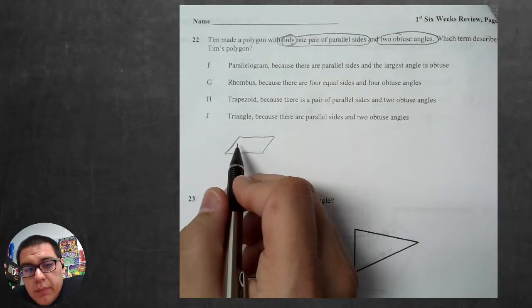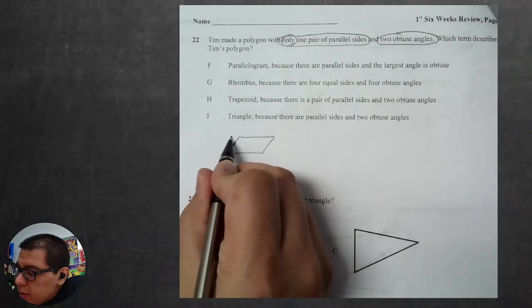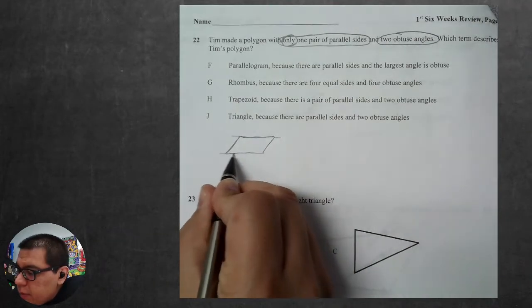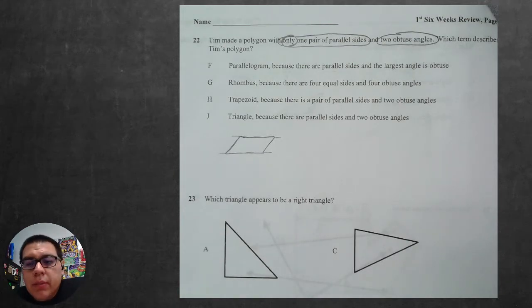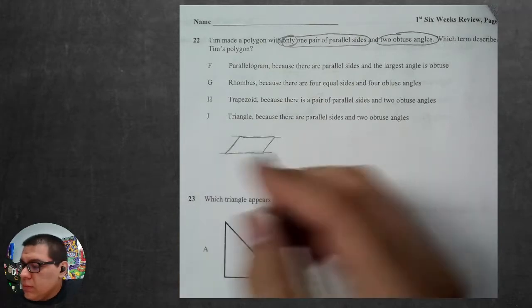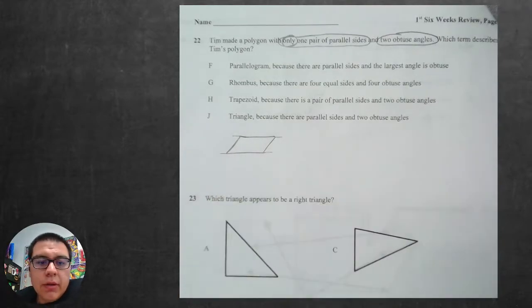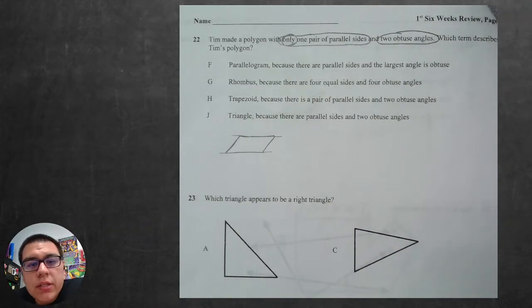A parallelogram has the top and the bottom that are parallel. Does it have any more sides that are parallel? Are there any more sides to the parallelogram that are parallel, that will never ever run into each other or touch?